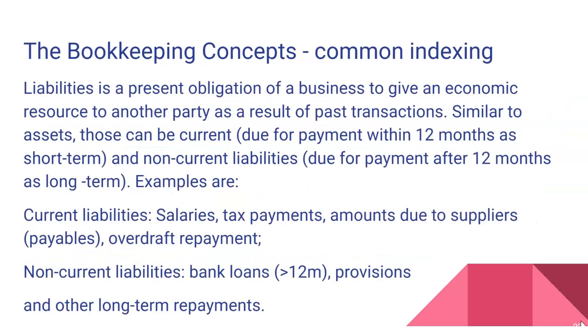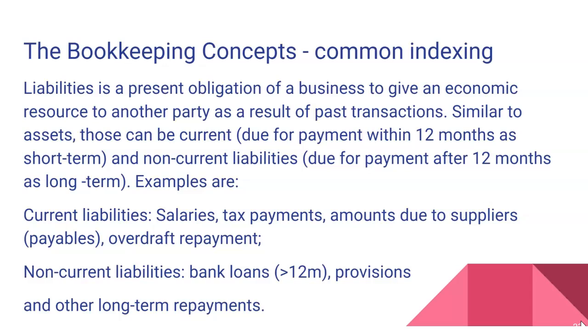The next major item is liabilities. And a liability is a present obligation of a business to give an economic resource to another party as a result of a past transaction. So we owe some money or something to another party. Similar to assets, this can be current, due within 12 months, or non-current liabilities, those due for payment after 12 months.